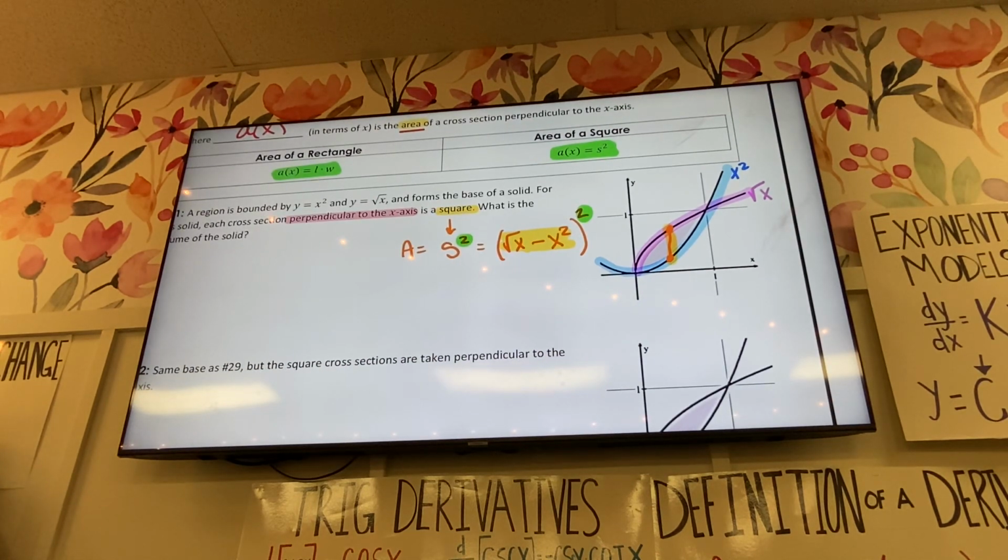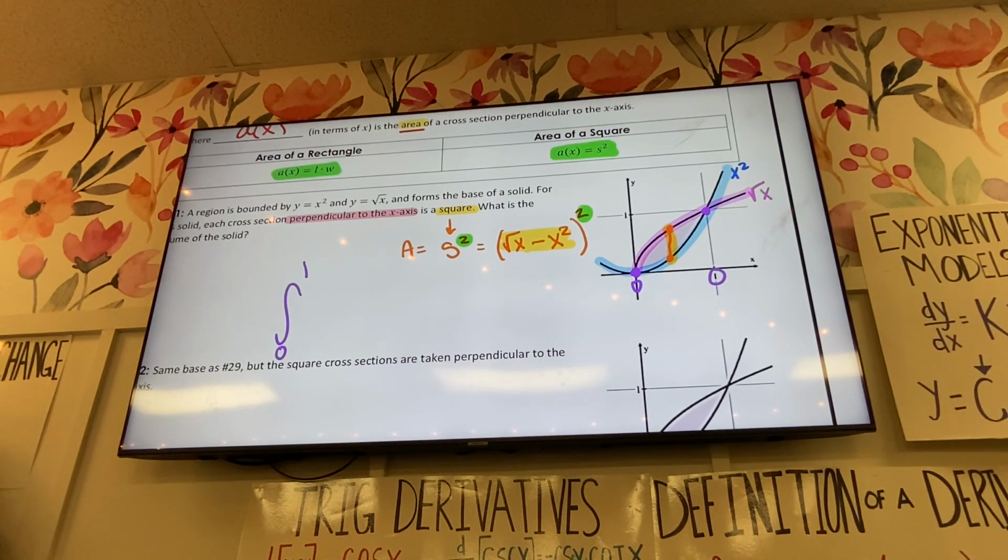Once you have your area formula, now we are going to write the integral, because remember we are adding up the infinite number of squares in this shape. So we are going to integrate from what to what? 0 to infinity? 0 to 1, because it's just going to be the bounded area. We want x values because we're in terms of x.